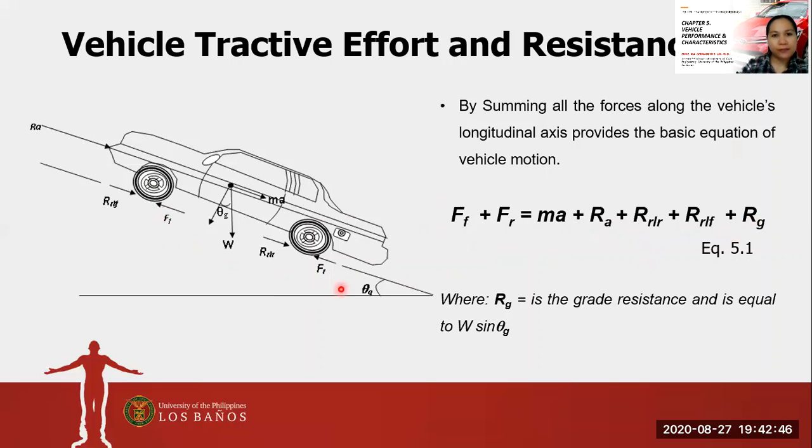So the FF plus FR here should be equal to the sum of the other forces, which is MA plus the aerodynamic resistance plus the rolling resistance of the rear wheel and the front wheel, plus there's an RG here, which is the grade resistance that is equal to the weight of the vehicle times sine of theta g here.